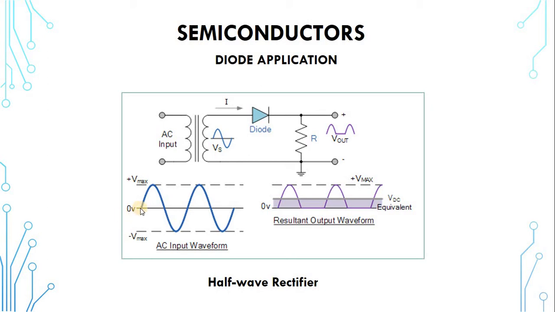It starts from 0, and as time goes, it rises to maximum, drops to 0, and changes direction. It rises negatively, comes to 0 again, then rises positively, comes to 0, and continues. So this current alternates between positive and negative. That's why we call it alternating current.